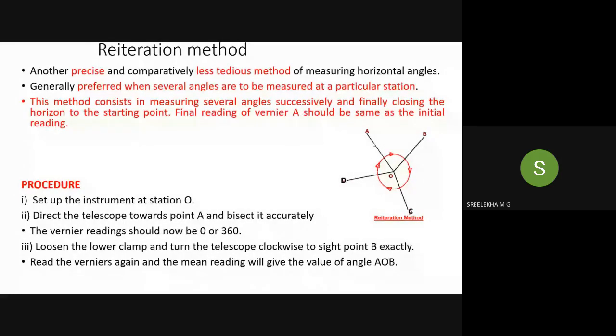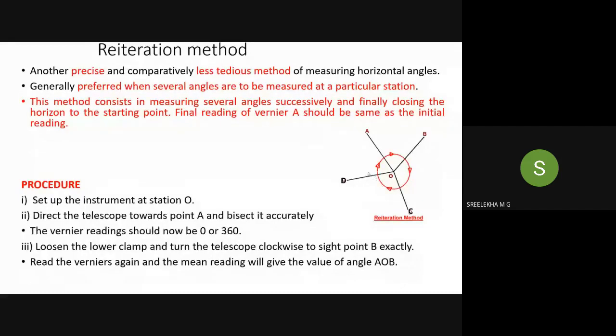When you reach 0 degree for your A vernier, you can tighten using your upper plate. Once the upper plate, upper tangent screw and upper clamping screw are fixed, you should not move further. You should change the angle only while you are measuring the angle.